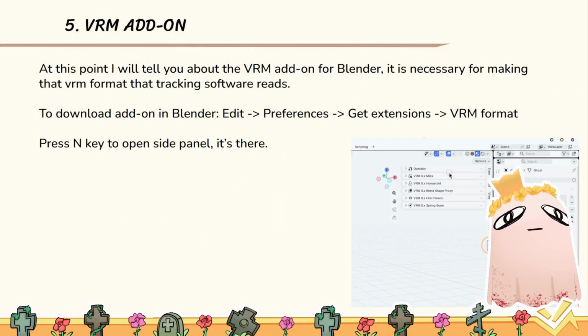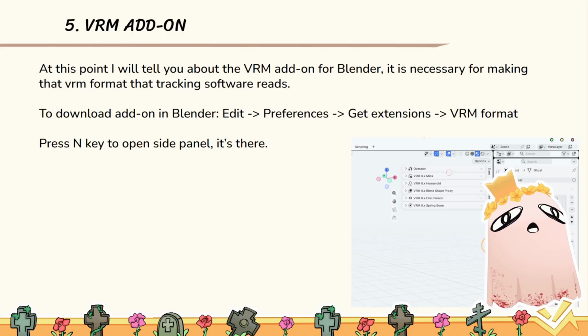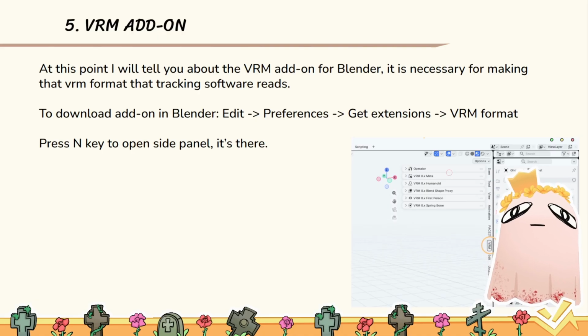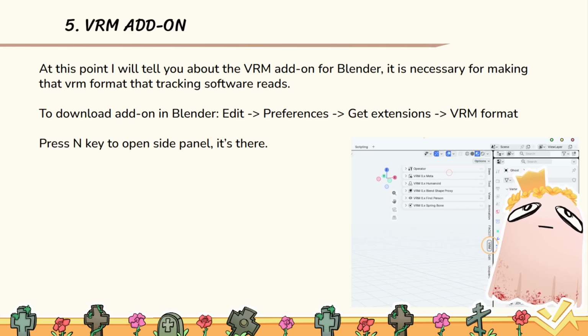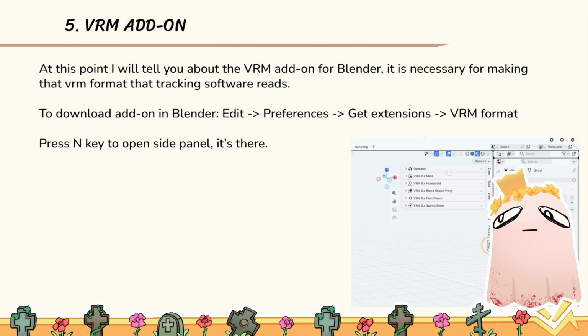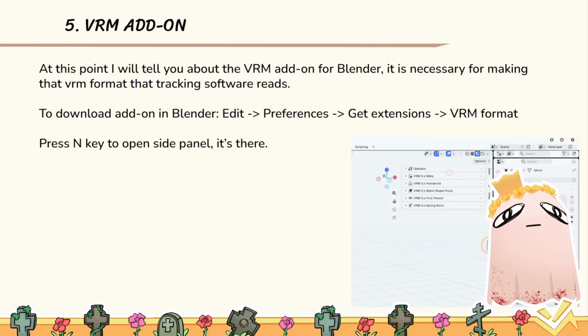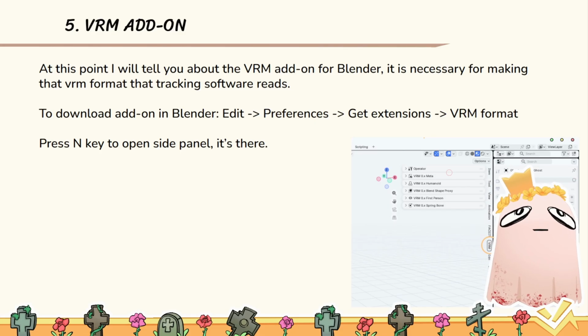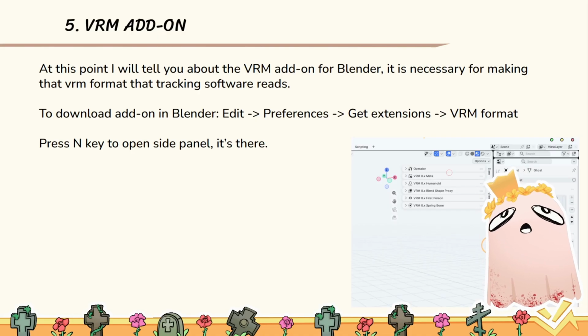5. VRM add-on. At this point I will tell you about the VRM add-on for Blender. It is necessary for making that VRM format that tracking software reads. To download the add-on in Blender, go to Edit, Preferences, Get Extensions, and select VRM format by typing it in the search bar.